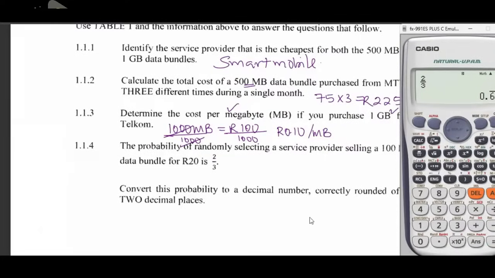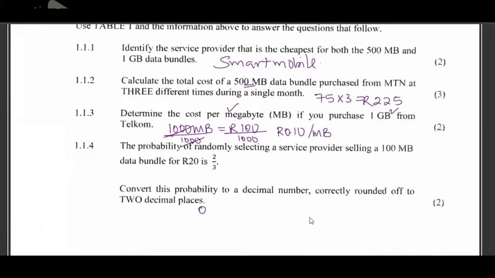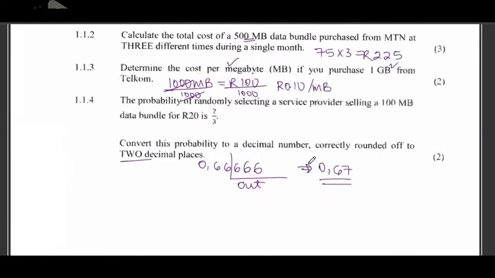So this is the same as 0.66666. But they said to do 2 decimal places, so it's going to stop here. These ones have to go off, leaving us with 0.67. That was supposed to be the answer there.